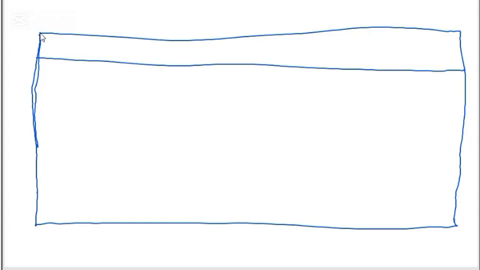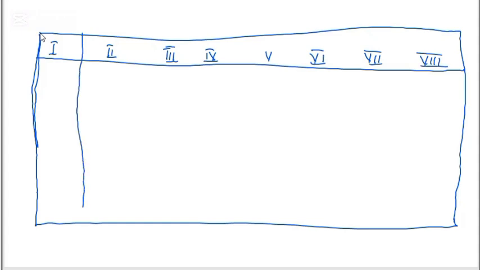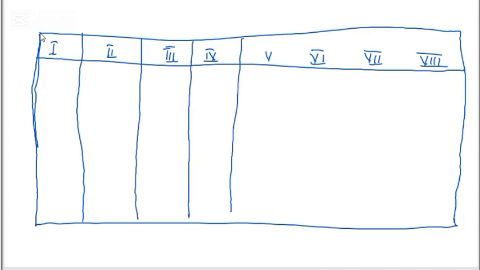Let's say this is your group 1, 2, 3, 4, 5, 6, 7, and 8 or 0. So we have this. We say all group 1 elements, the ions will be what?